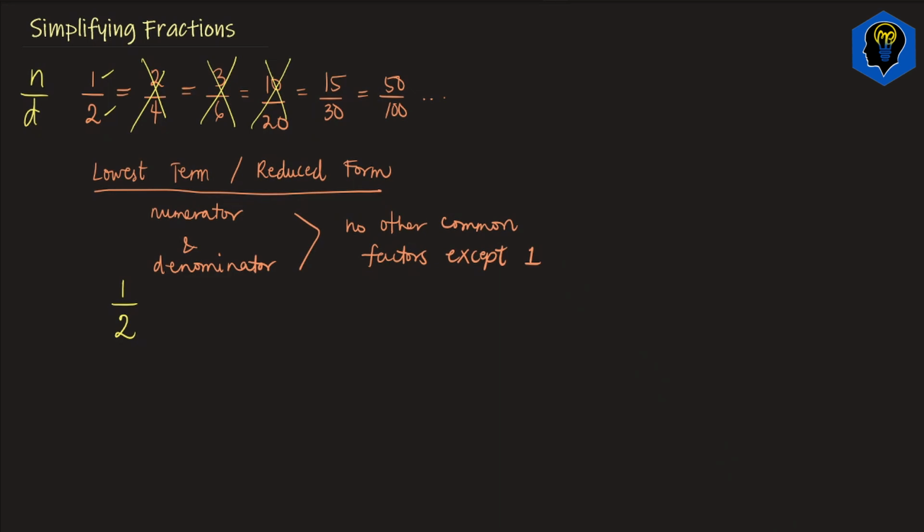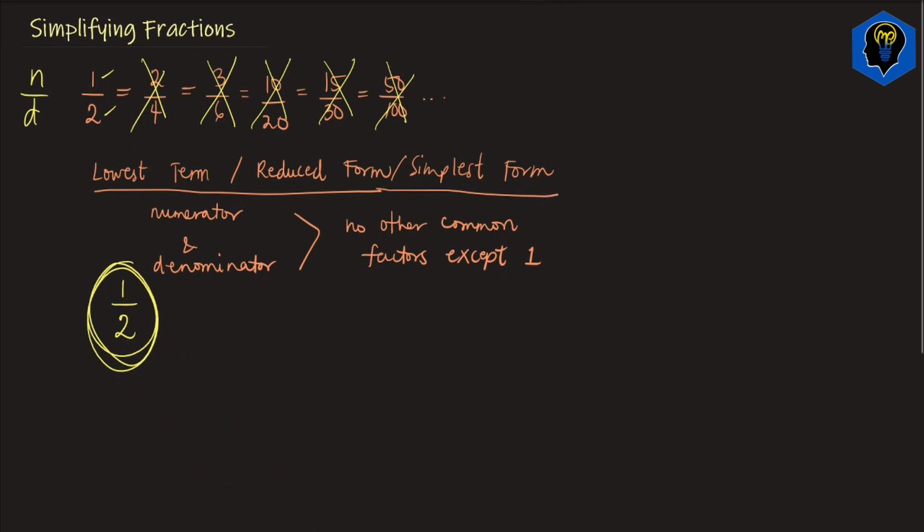And 15/30 is also not the simplest form or the lowest term, as well as 50/100. So it's only 1/2 which is the lowest term, reduced form, sometimes tinatawag ding simplest form. Simplest form of the fraction. Okay?